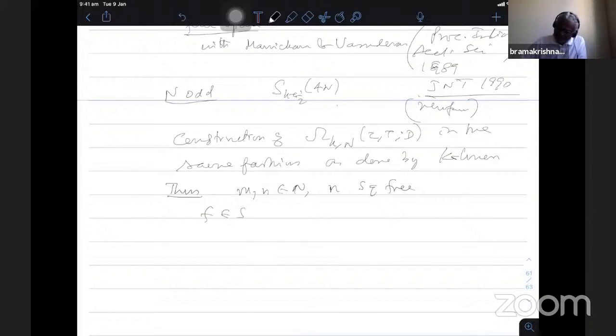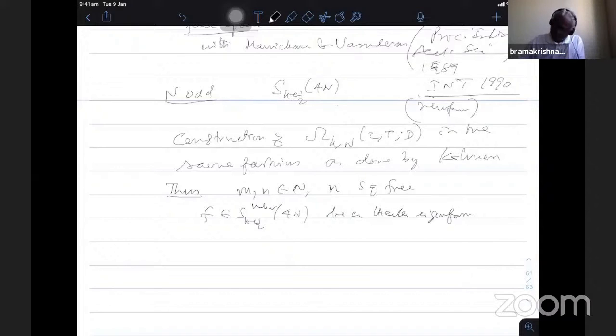Let f belong to S_{k+1/2}(4n) be a Hecke eigenform. There is a difference between saying a Hecke eigenform and saying that the function belongs to the space. Any function belonging to this space doesn't mean that it's a Hecke eigenform. Therefore, you have to specify that it belongs to the space as well as that it is a Hecke eigenform. That means it should be one of the basis elements.